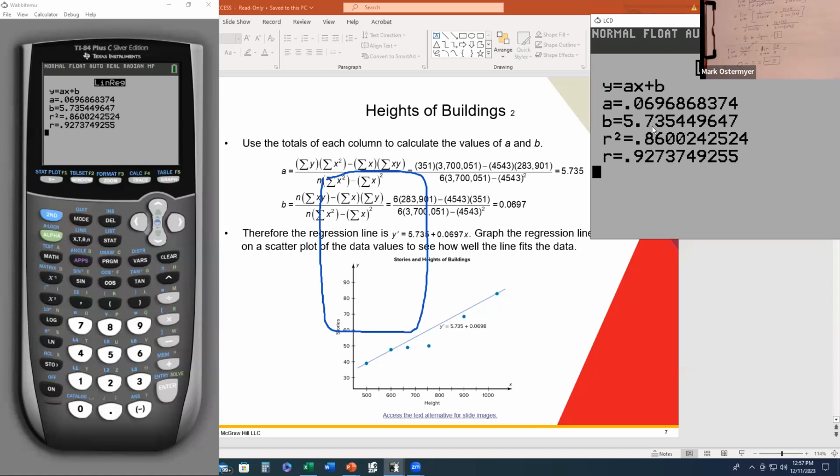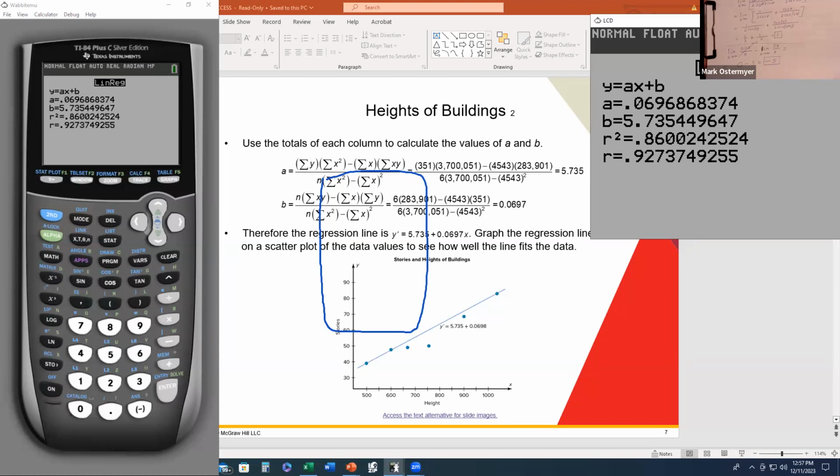At any rate, you can see that for a, or I should say for the y-intercept, we do get 5.735. For the slope of the regression equation, we get 0.0697. So that's how you generate your linear regression equation.